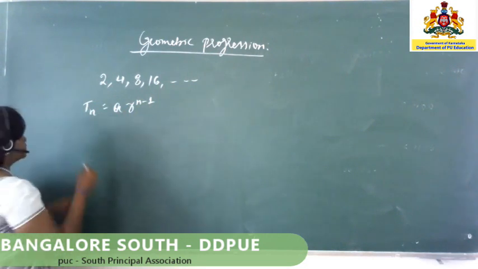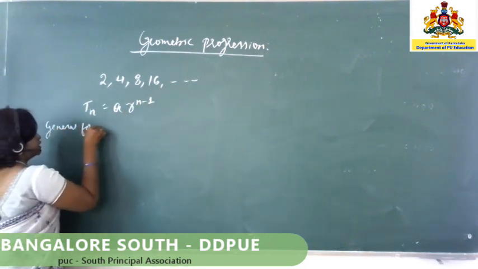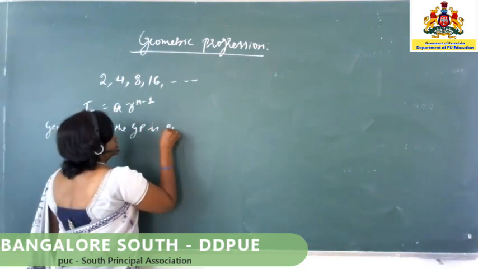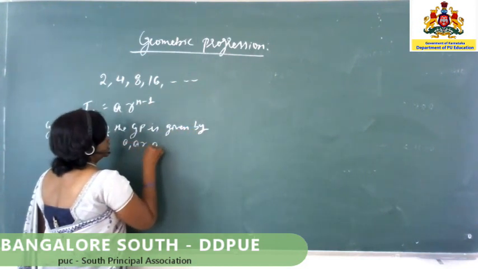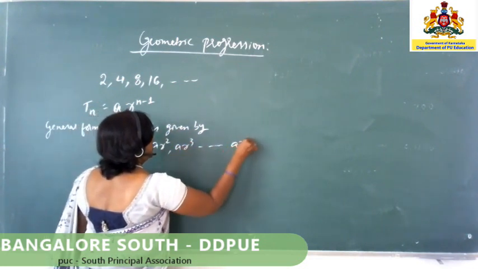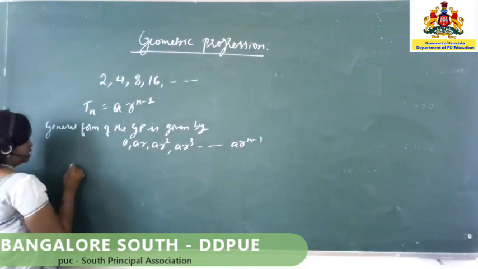The general form of the GP is given by a, ar, ar square, ar cube, and so on up to ar to the power of n minus 1.